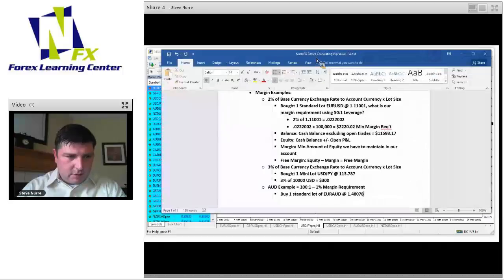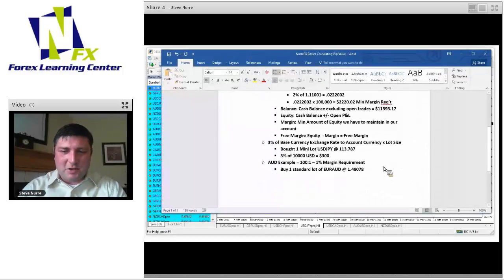Now, I don't have an actual Australian account, so we'll just have to go off of this. In this case, we'd have to put up 1% because we have access to higher amounts of leverage. So we'd have to put up 100,000 euros essentially, and we can already see how many Aussies it takes to exchange into a euro.